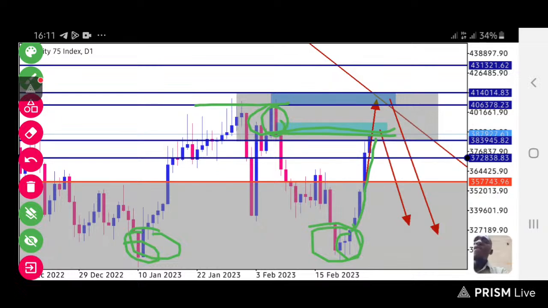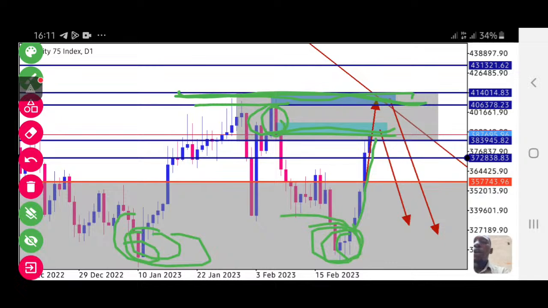So if the market breaks the neckline of these two bottoms, I want you to keep this in your mind, keep reminding it. That's why I always tell you to come with a pen and a paper to keep noting some things, guys, because you can't remember all of them. So if the market breaks the neckline, it always goes back to its origin.